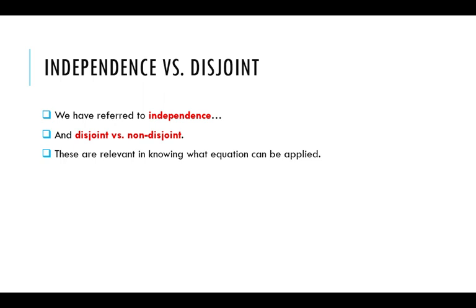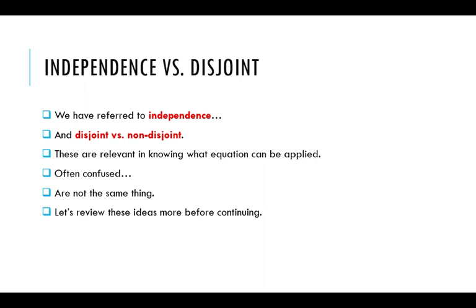And we said that you have to know this. These are relevant in knowing which equation can be applied. And these are often confused because technically they're not the same thing. So let's just review these ideas one more time before continuing. So independent versus dependent, disjoint versus non-disjoint.